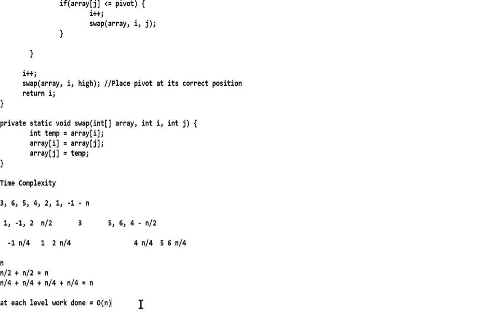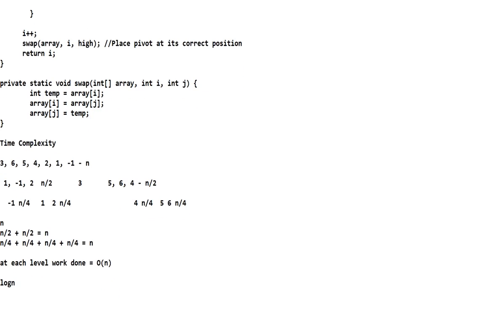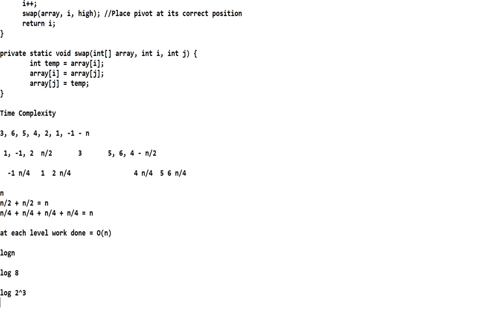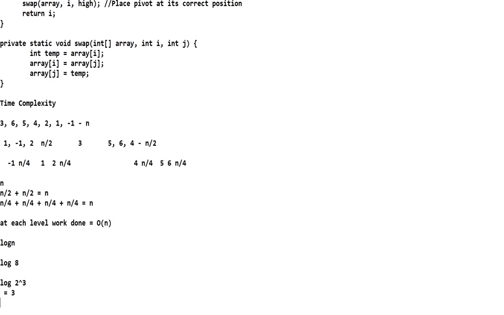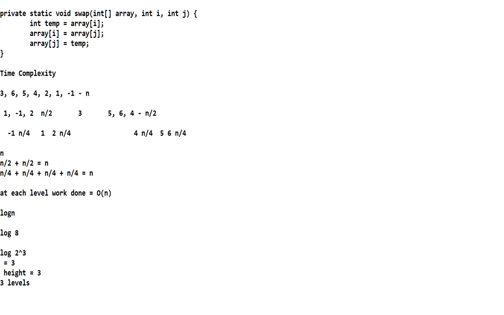The height of the tree is always log of n. If we have 8 elements, then log of 8 is log of 2 raised to 3, which is equal to 3. So the height of the tree will be 3, and we'll have 3 levels in total.